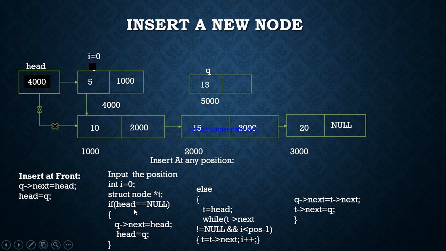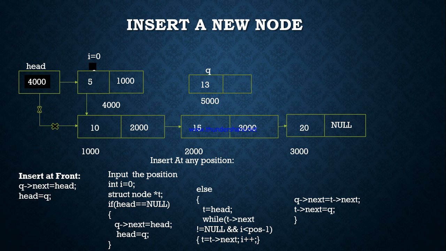So when we want to insert the first one node only, that time when head value is already null, the logic will be similar to the insert at front. Q of next equal head and head equal q. When head value is null, that means there is no more head, there is no more node.